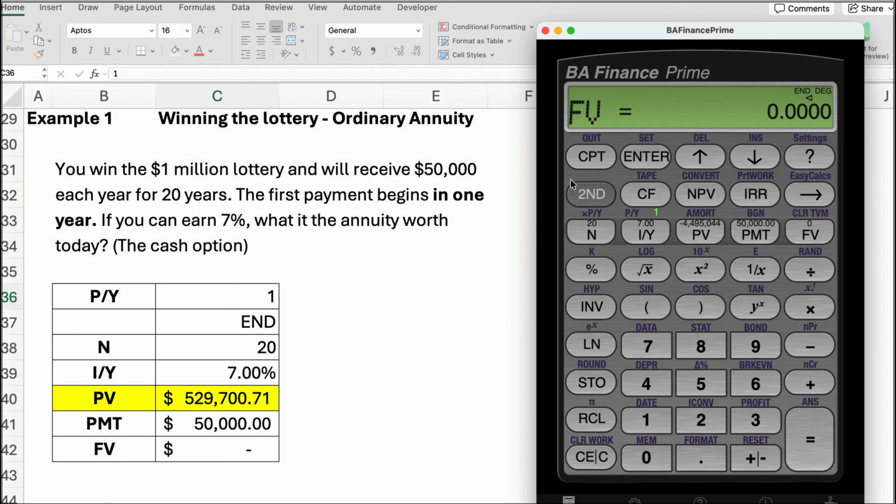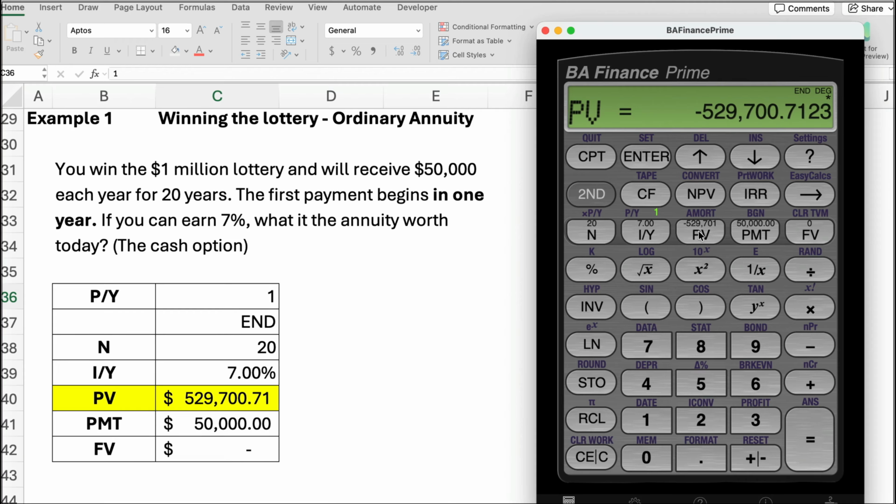So I've entered 4 things. Now I need to compute present value. Because I entered the payments as positive, the present value comes out negative, which is fine. We can ignore the sign here. But you're going to receive $529,771. So this $1 million lottery, they took the $50,000 payments and did it for 20 years.